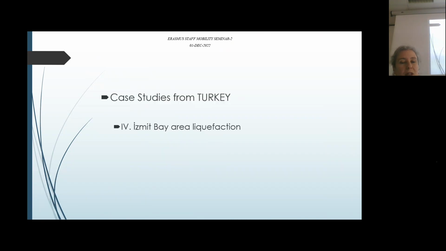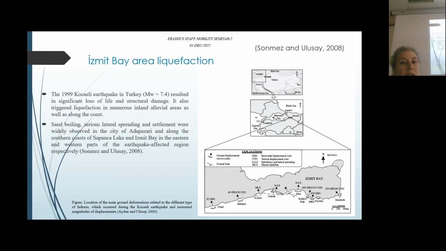For another case, after the 1999 earthquake, lots of studies were done by researchers in the Izmit Bay region because there was a huge amount of behavior, ground displacements, and some settlements, some liquefaction related things, such as boiling or some serious damages that occurred in that region.